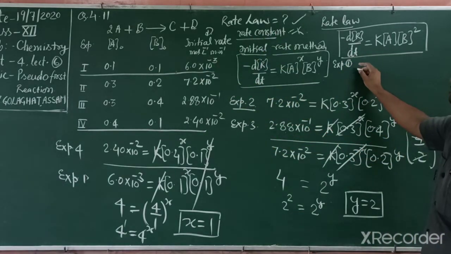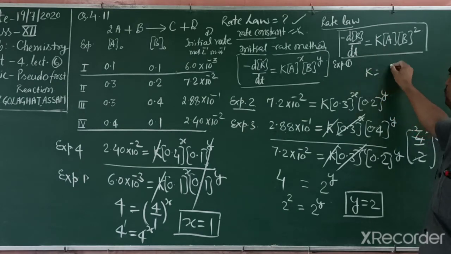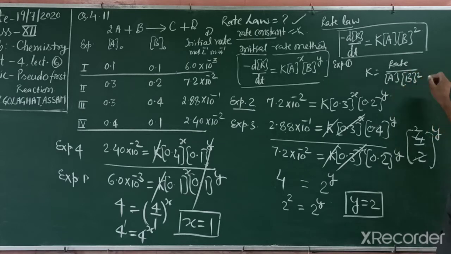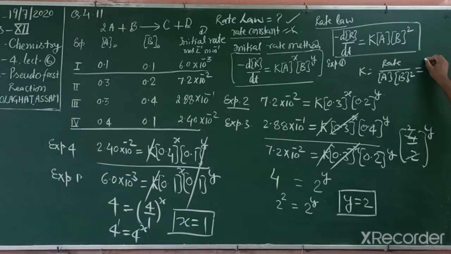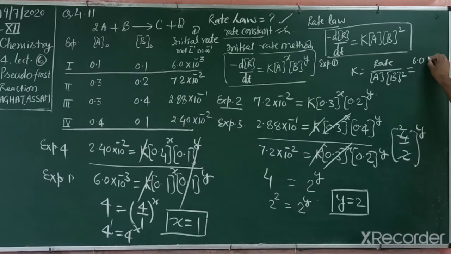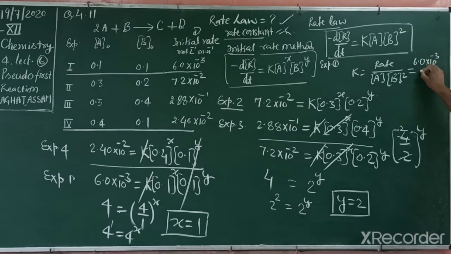So students, K for this is equal to rate divided by concentration of A and B to the power 2. From experiment 1 we take the rate, 6.0 into 10 to the power minus 3, divided by 0.1 to the power 1 and 0.1 to the power 2.